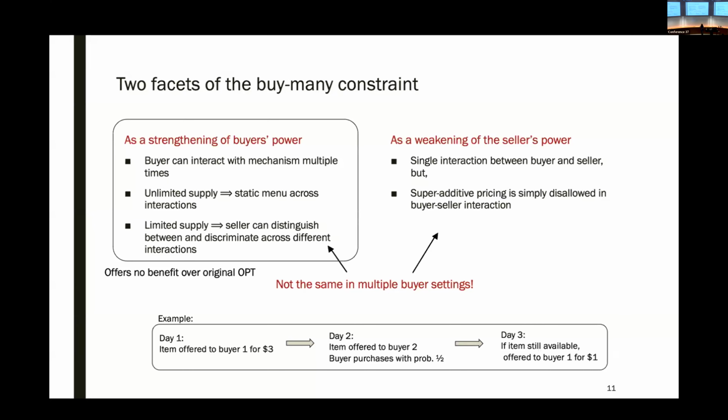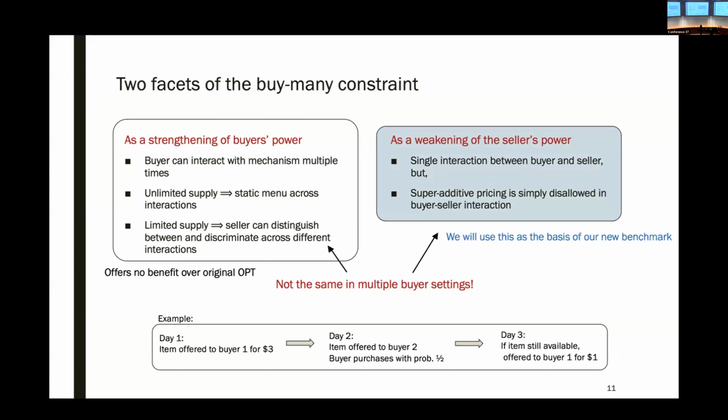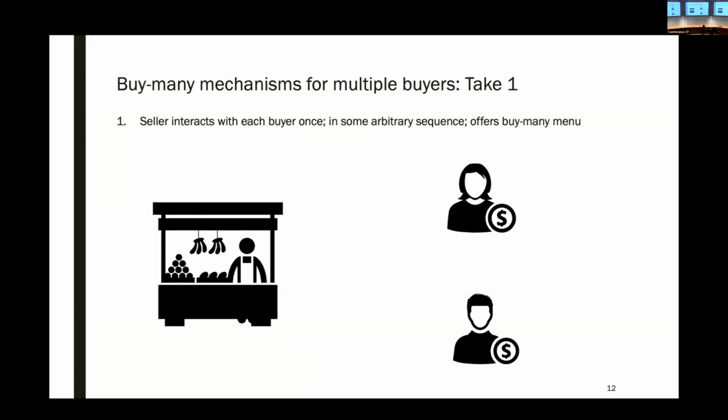It might be a nice notion to think about, but from the viewpoint of a benchmark that will allow us to understand which mechanisms perform well for these multi-buyer settings, it's not a very effective benchmark. So we'll focus on the second approach, which is limiting the seller's power directly in order to come up with a reasonable benchmark. Let me say how we can do that.